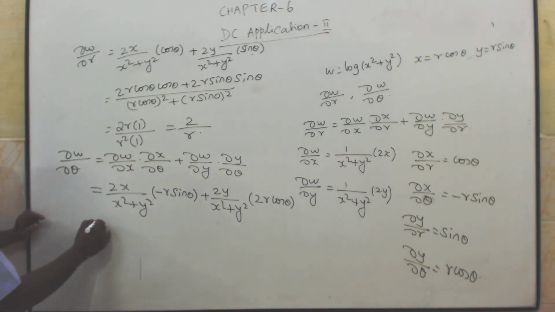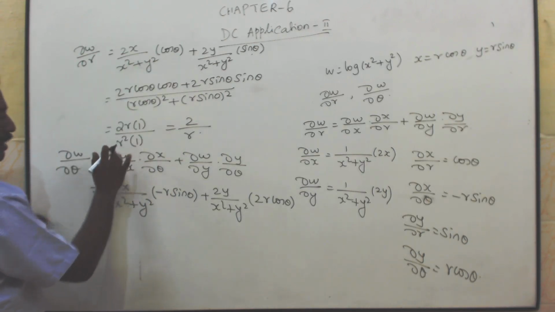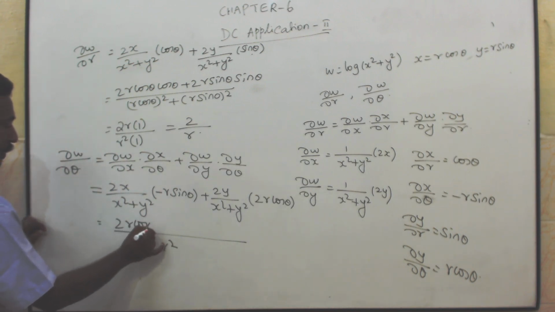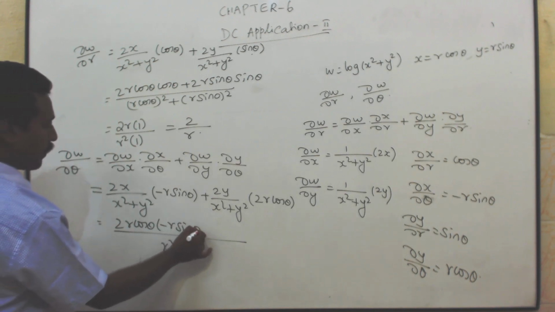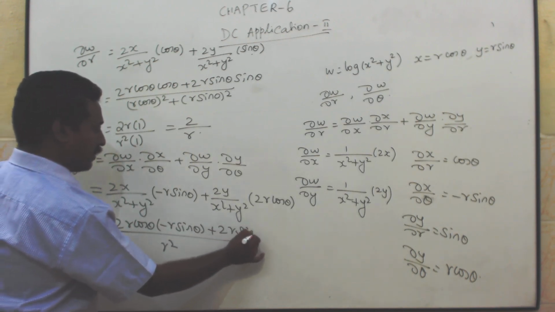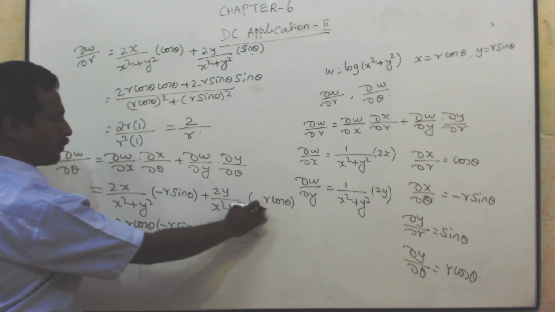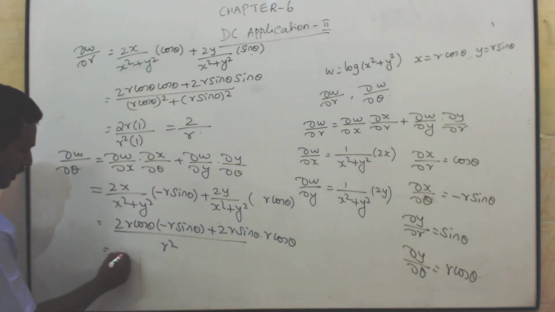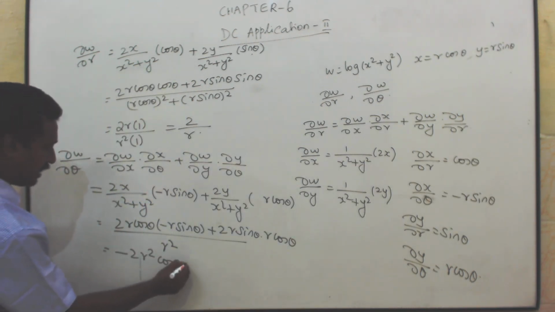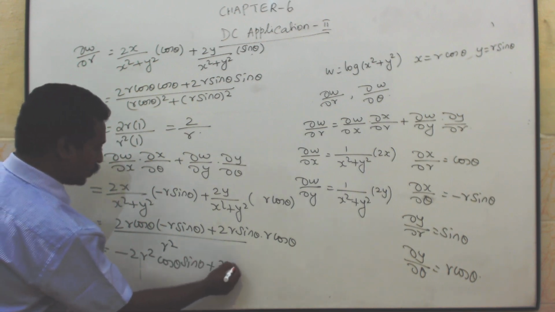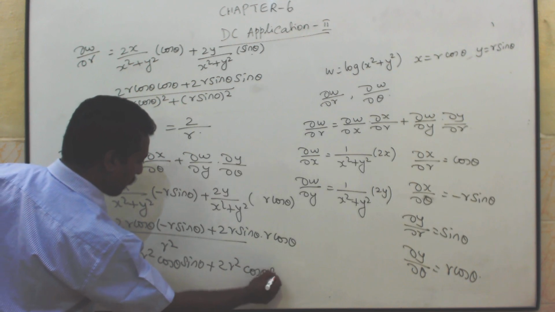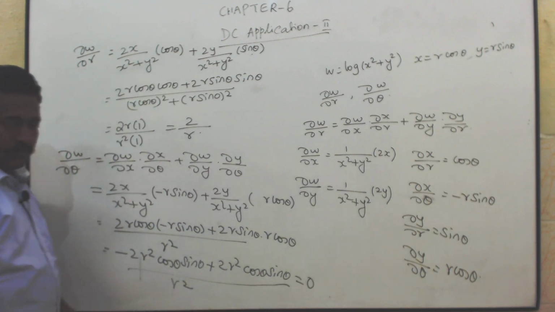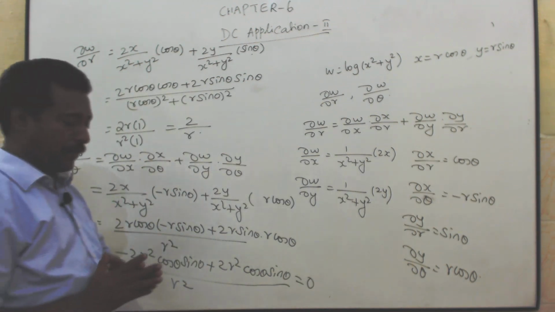Already we know the denominator x square plus y square, when we simplify, we'll get r square. 2x is 2r cos theta, times minus r sin theta, plus 2y is 2r sin theta, times r cos theta, that is minus 2r square cos theta sin theta plus 2r square cos theta sin theta, by r square. So plus minus is 0. Once again listen, this is a very, very important problem.